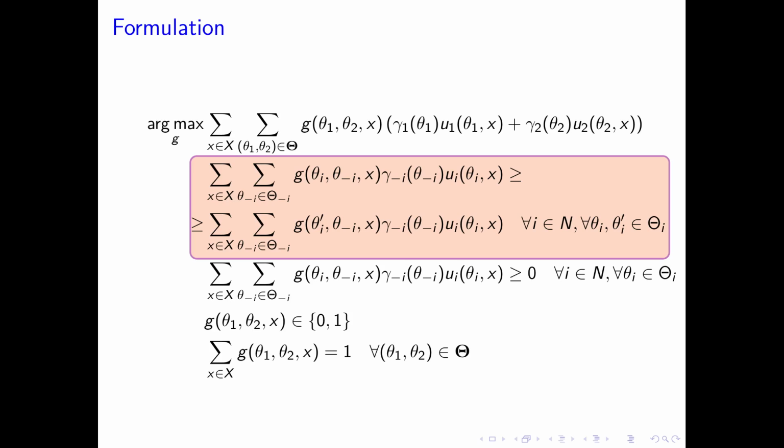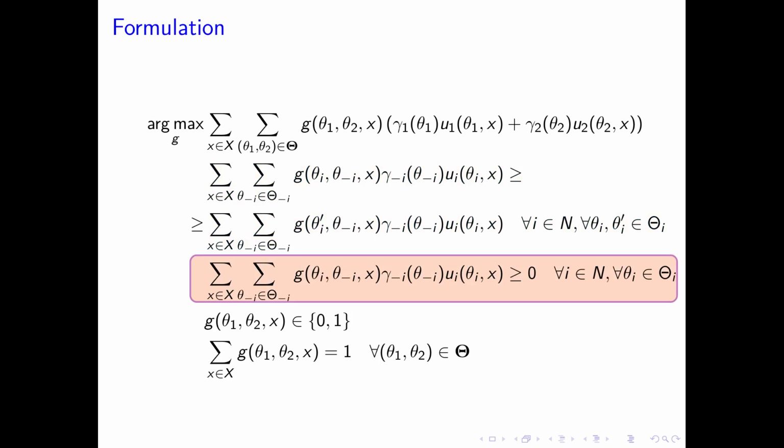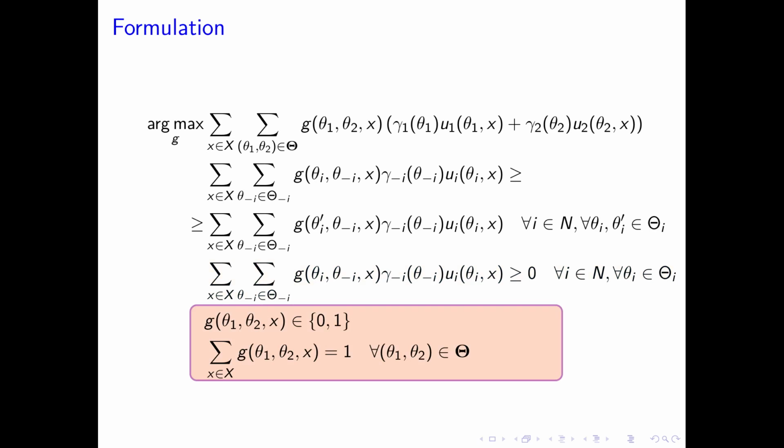So we want that telling the true type is at least as good, in expectation, as reporting any of the other possible types. The third family of constraints is for ex-interim rationality, and then variables in G have to be binary and we have to select exactly one outcome for each pair of reported types.